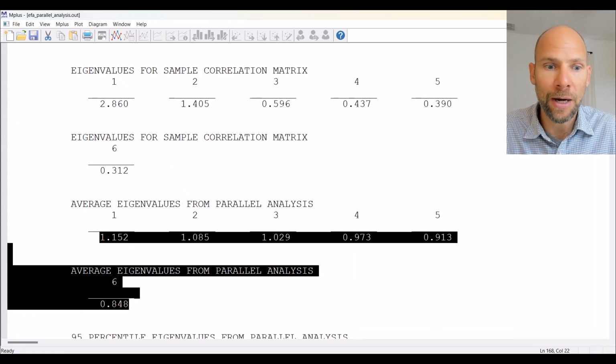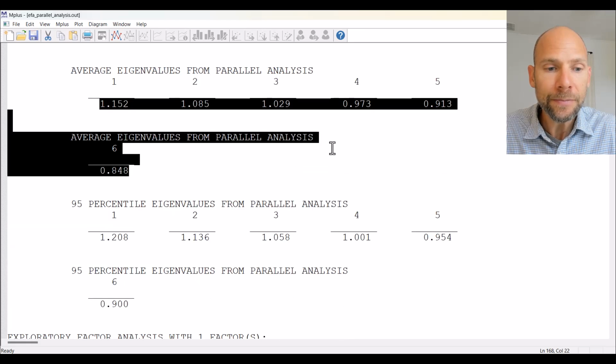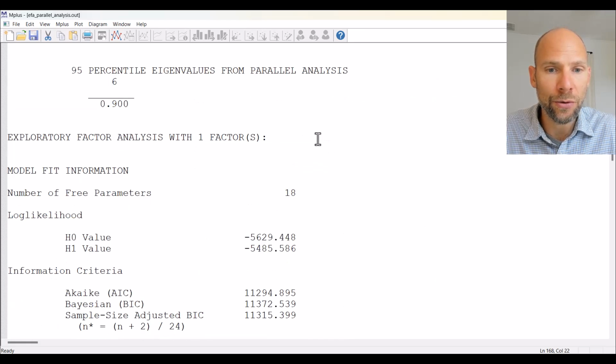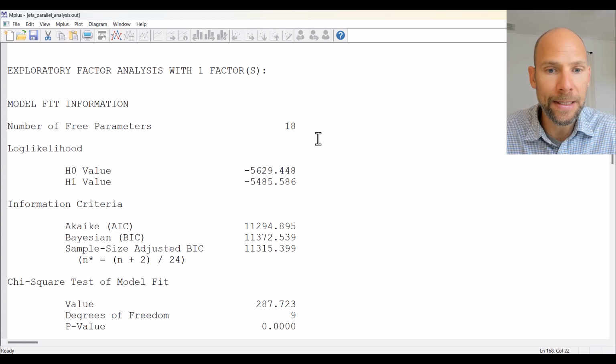Let's go back to our output file. Now we can scroll down further and we can see here that we also get more detailed fit statistics for each solution. The first solution that is shown by Mplus is the 1-factor solution. And here we find the log likelihood values.